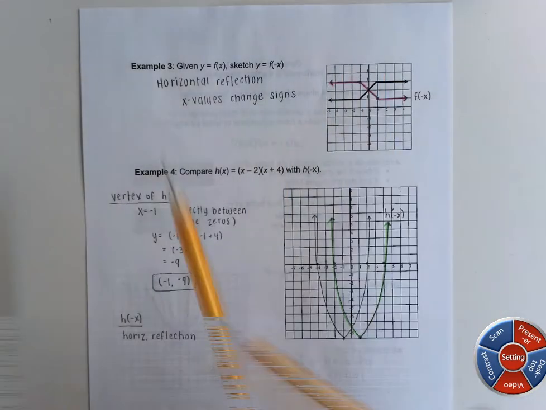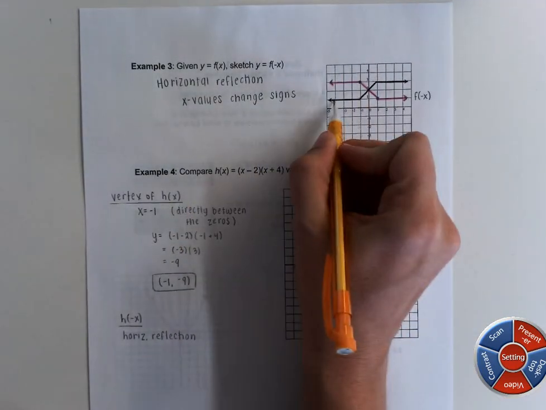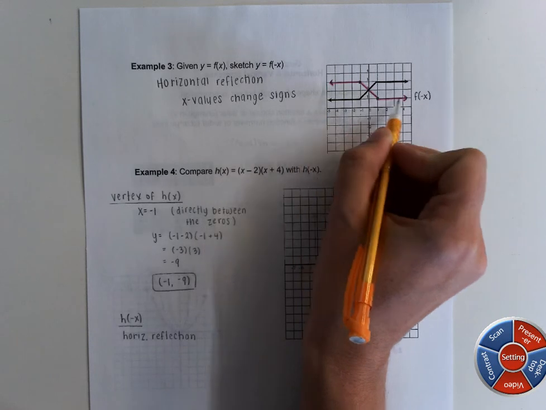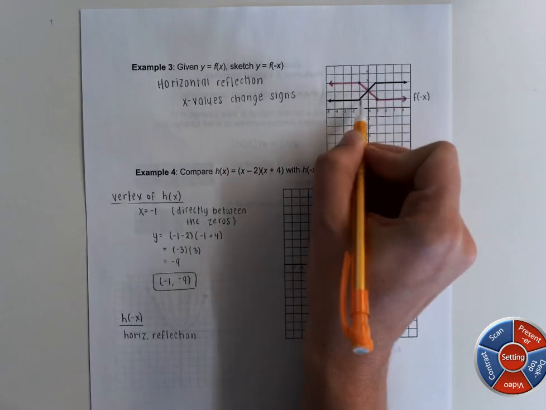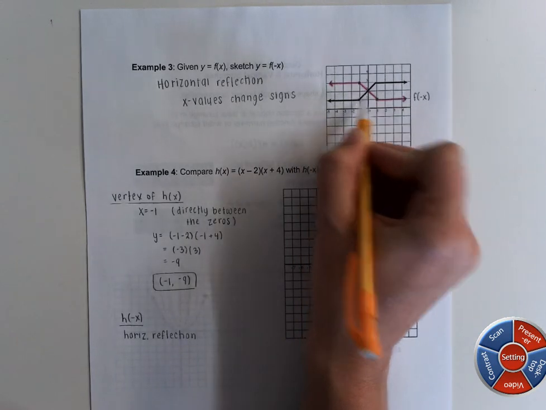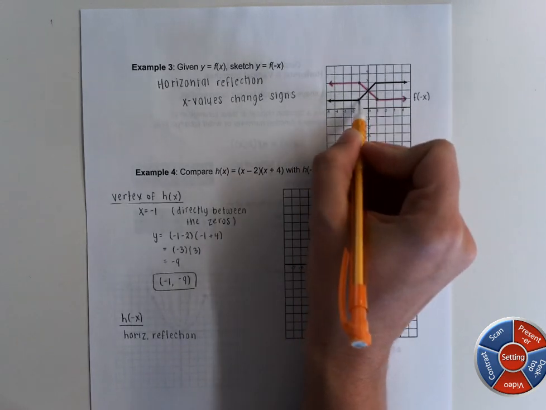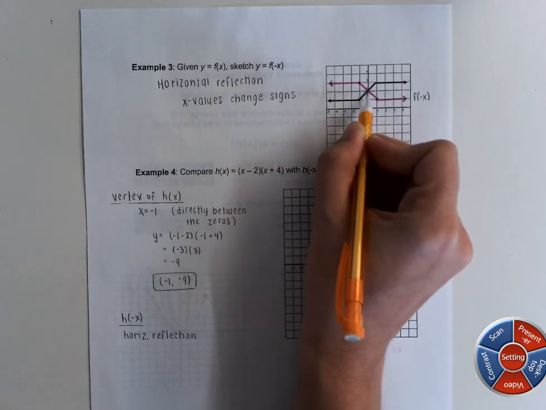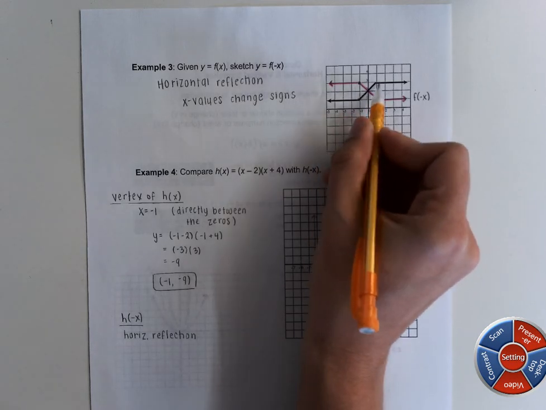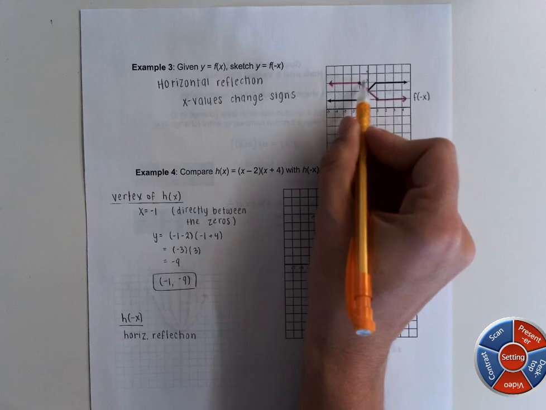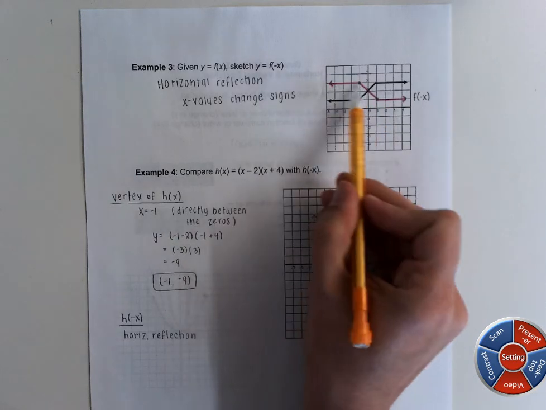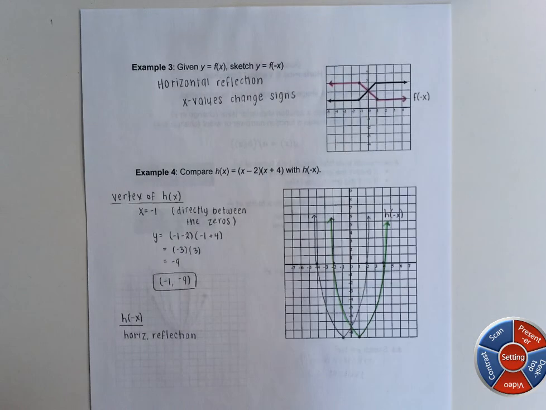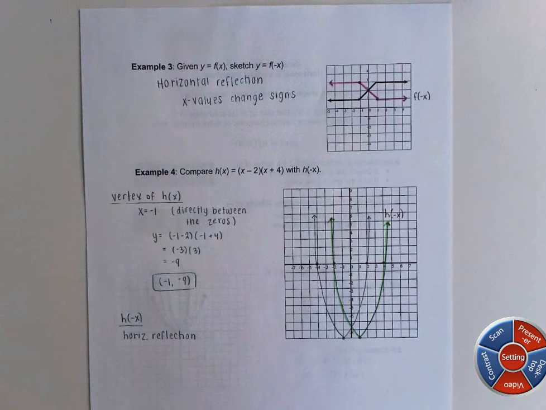So any point over here is going to flip over to the other side. This point here, negative 1 is the x value, will become positive 1. Any point that's right on the axis will stay there, and any positive x values become negative. So you'll see this graph has the same shape, but it has been reflected over the y-axis.